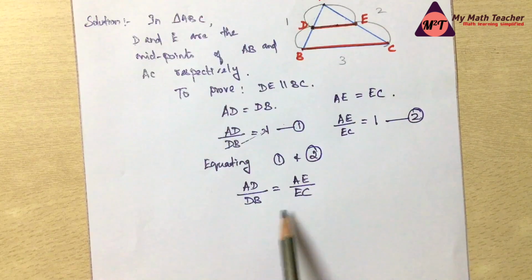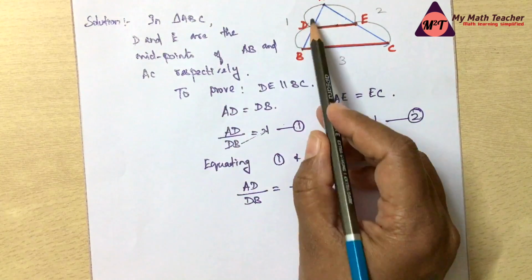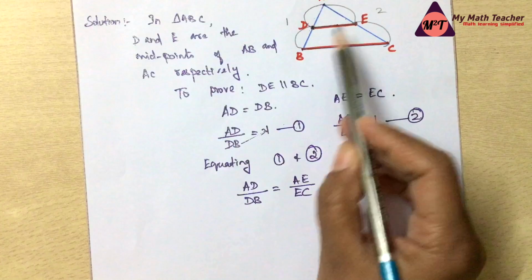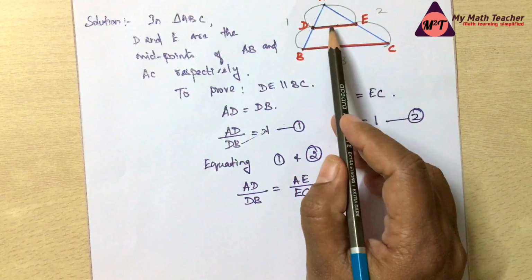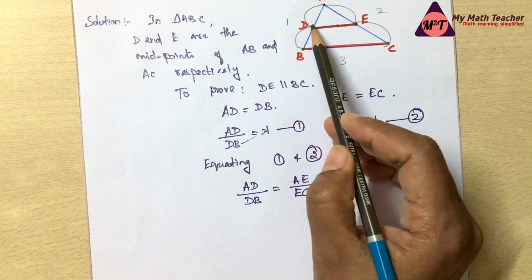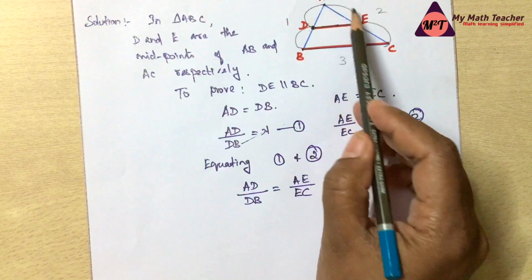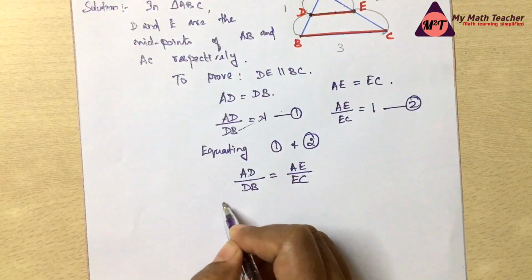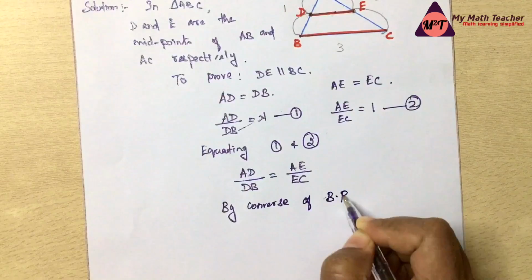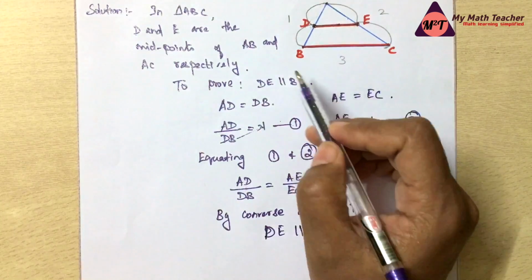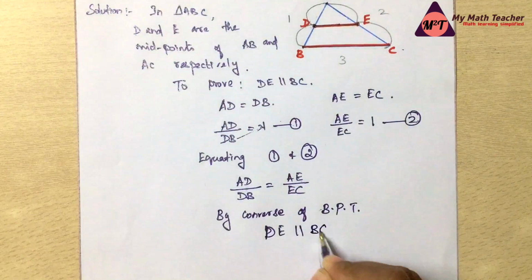By converse of basic proportionality theorem, we can now say DE is parallel to BC. Only when they are parallel, AD divided by DB is equal to AE divided by EC. We can say that DE is parallel to BC.